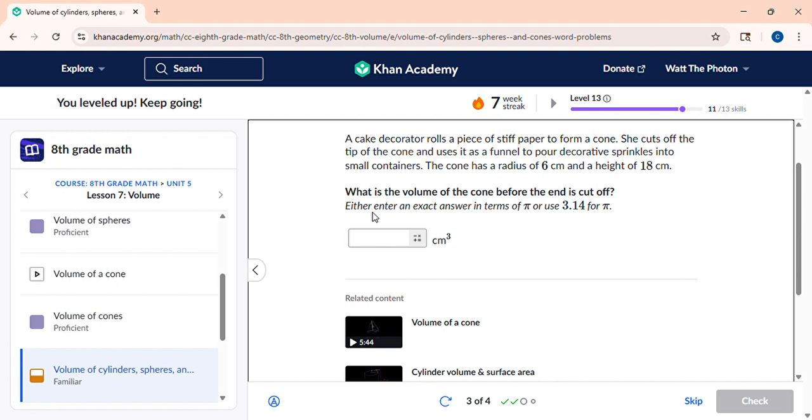Next question. So a cake decorator rolls a piece of stiff paper into a cone. She cuts off the tip of the cone and uses a funnel to pour decorative sprinkles into small containers. The cone has a radius of 6 centimeters and a height of 18 centimeters. What will the volume of the cone be before its end is cut off?